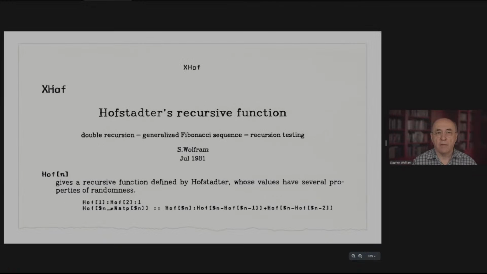It was an external package, hence the X prefix, for evaluating Hofstadter's recursive function, elegantly using memoization, with the description I gave saying, presumably because that's what I'd noticed, that its values have several properties of randomness. Notice the syntax of Wolfram Language is a little bit cleaner than the syntax of SMP back in 1981.